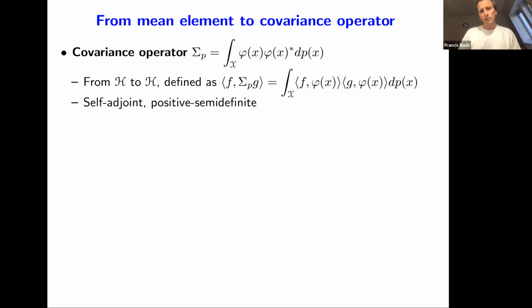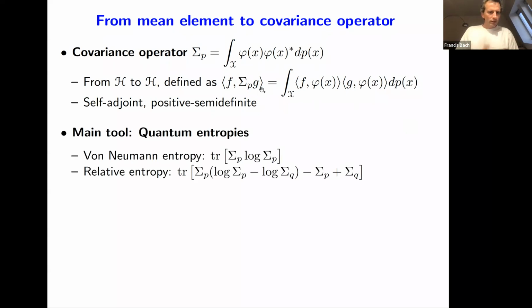But if you go to infinite dimensions, you get an operator from H to H, which is represented as the expectation of the tensor product between phi of x and itself. From the start, this operator is symmetric, self-adjoint in infinite dimensions, and it's positive semi-definite, which I will call PSD, because you average rank 1 PSD operators.